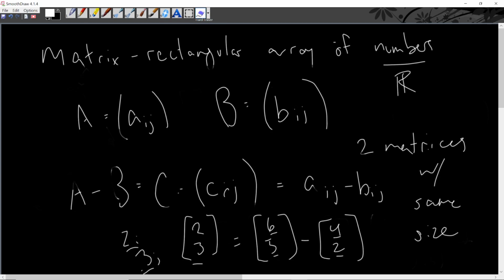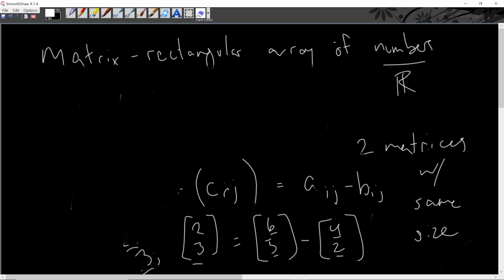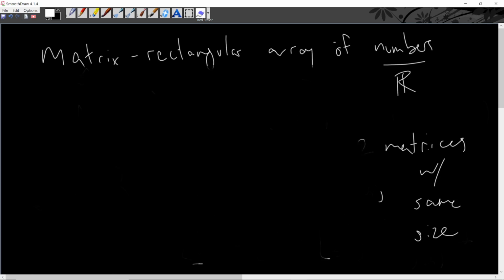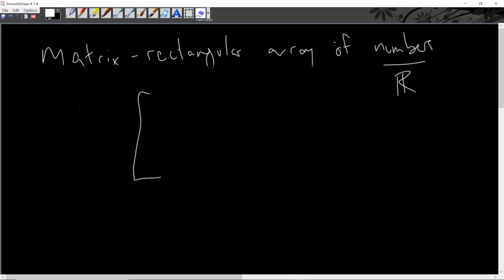So let's do a very brief example of what this might look like with non-column vectors or row vectors. Just regular old matrices, we'll have, say, a 2 by 3. God, that's one of the worst brackets I think I've ever written. We have a 2 by 3 matrix going from, say, oh, this is going to be 3 by 2.